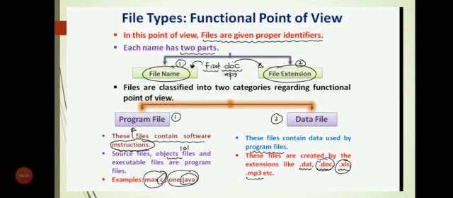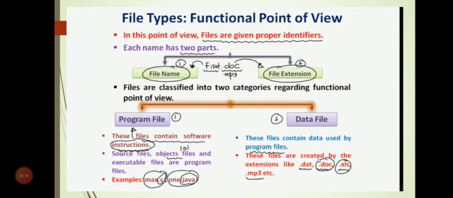max.c or 1.java are examples of program files. Max.c means this file is related to the C language, and 1.java means this file is related to the Java language.